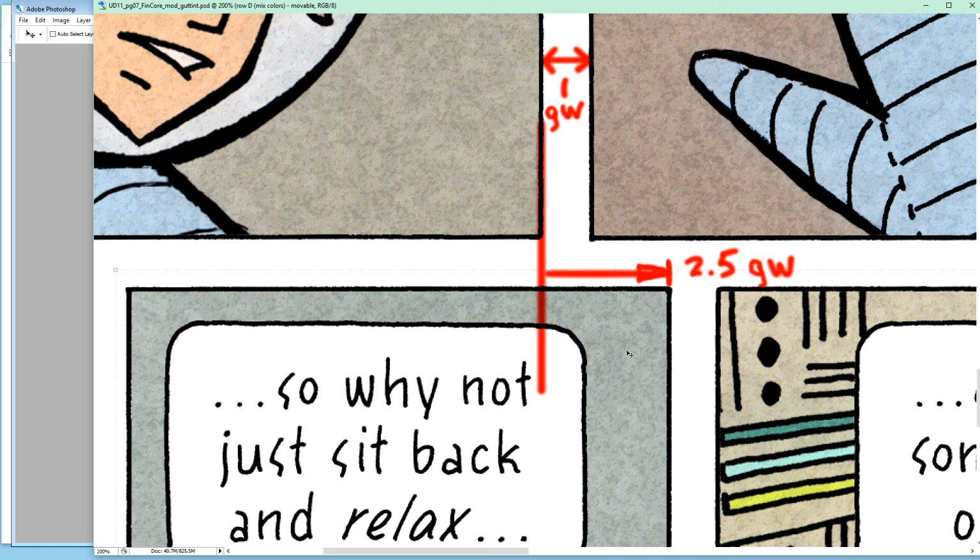We have to have some kind of guide, that you have to be at least 2.5 gutter widths from the left or the right of the left panel. So it's the right border of the left panel on the row above.